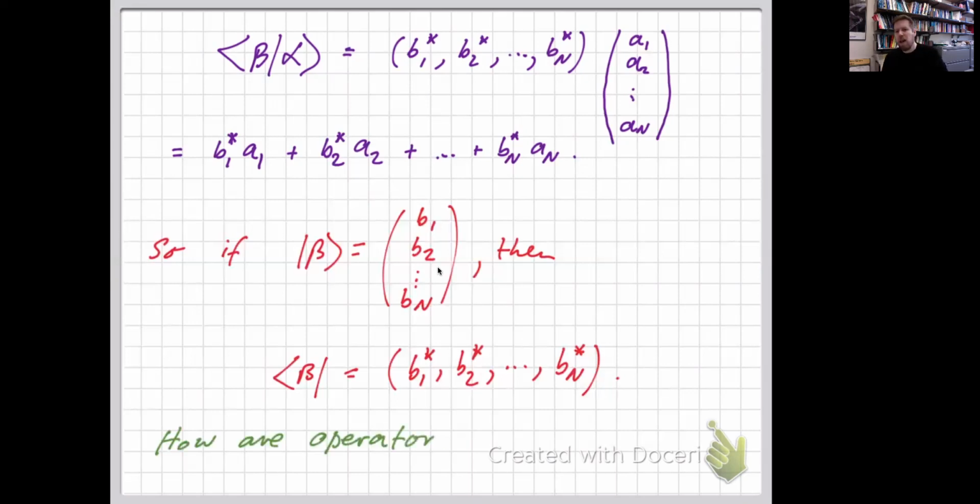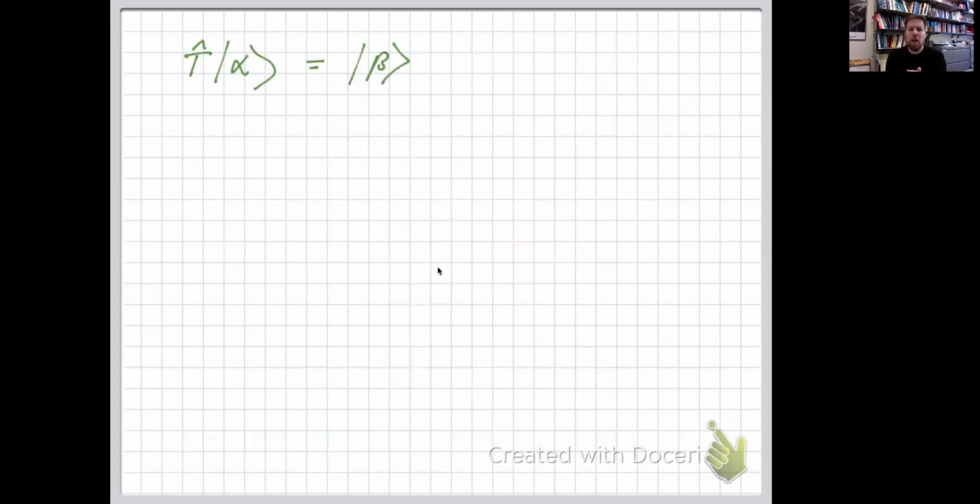So then the question is, how do operators get represented? If the bras and the kets are column and row vectors respectively, then what is an operator? What does it look like in this representation? Well, we know from before that an operator acting on a ket gives you another ket. So in our translated language now, something operating on a column vector should give you another column vector.